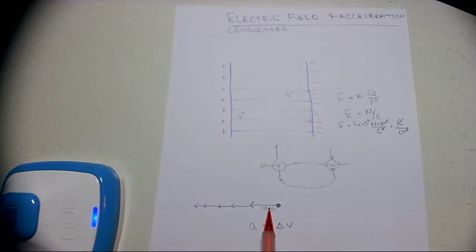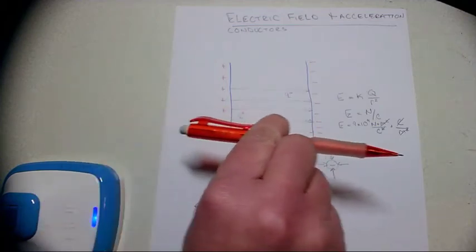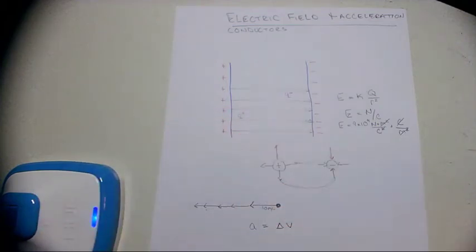So the magnitude is slowly decreasing. That means that I have some sort of force slowing it down, decelerating it, or accelerating it in the opposite direction of its motion. We call that accelerating it in a negative direction relative to its motion.